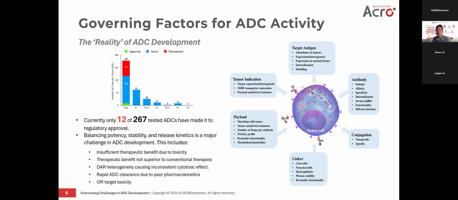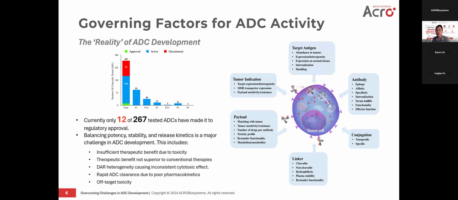But in reality, the entire field faces a lot of different types of challenges in developing a very reliable ADC. Reflecting on the graph you can see on the left, only 12 out of 267 ADCs have made it to regulatory approval.